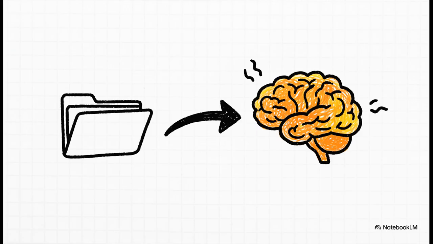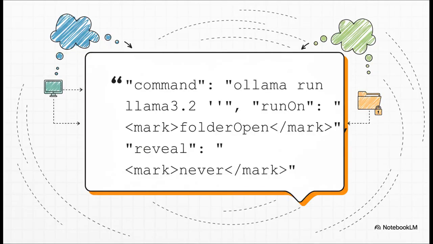We're going to use another VS Code task to automatically warm up our AI model the very moment we open our project. So by the time we actually need it, it's already hot and ready to go. I mean, just look at how clean this is. The command simply pings the model with an empty prompt, which is all it takes to force it into memory. But the magic is right here.